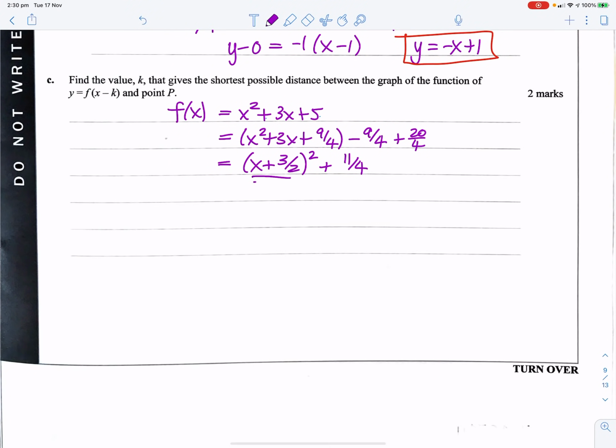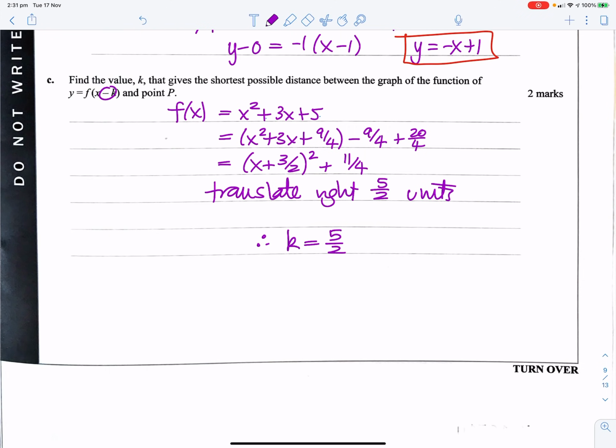So we need to translate right 5 on 2 units. Therefore, we know that k is equal to 5 on 2, because the minus is automatically going to move it to the right.